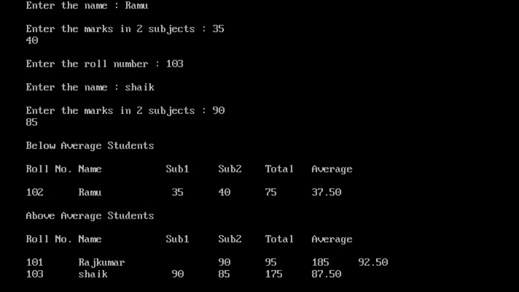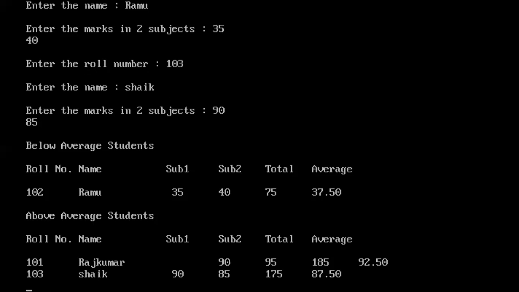First we divide the three averages. One student has scored an average of 37.5, one student's average is 92.50, and one more is 87.50. Next, total divided by 3, the mean value we are getting is 72.5.